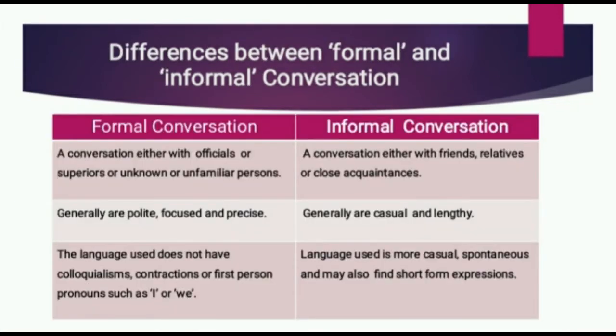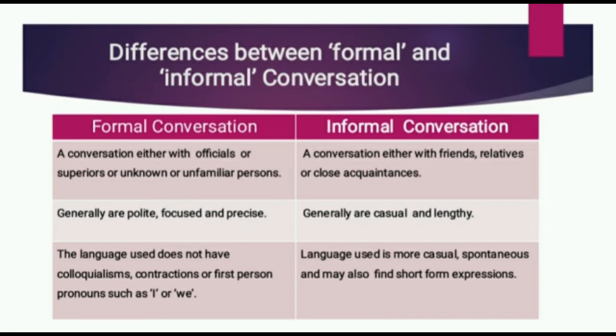Differences between formal and informal conversation. Formal conversation: a conversation either with officials or superiors or unknown or unfamiliar persons. On the other hand, an informal conversation is a conversation either with friends, relatives, or close acquaintances.